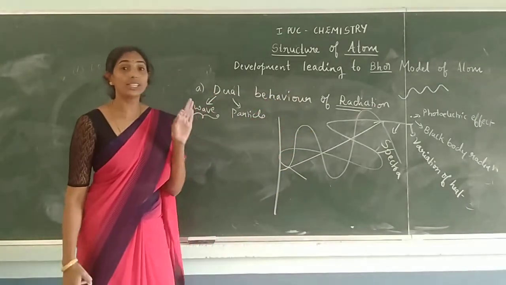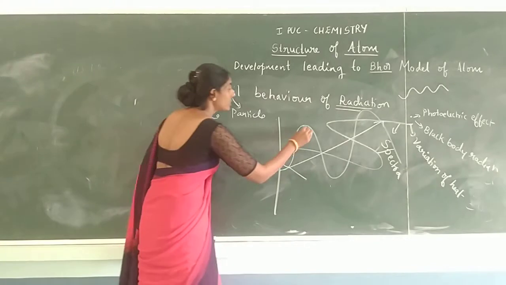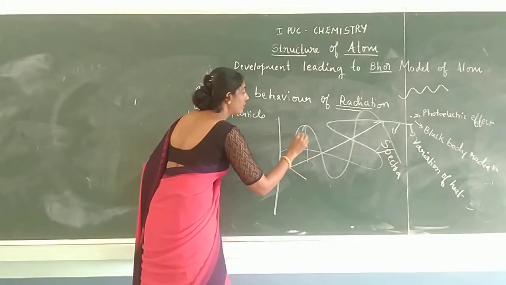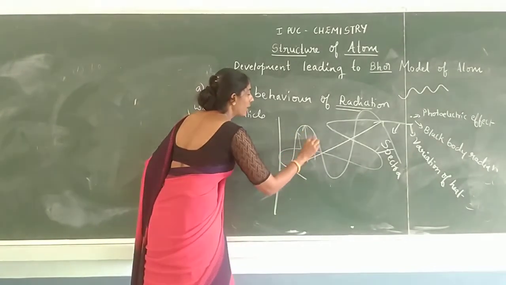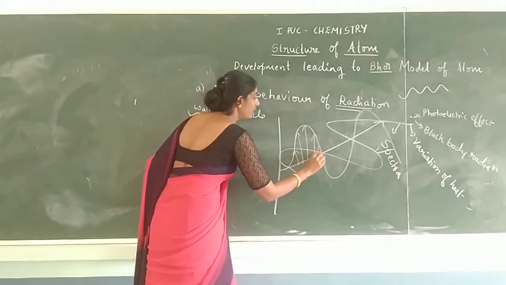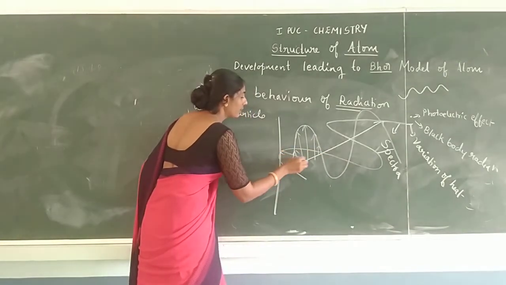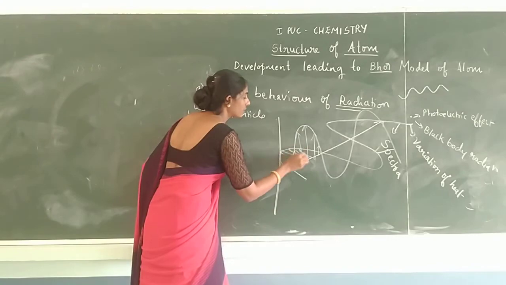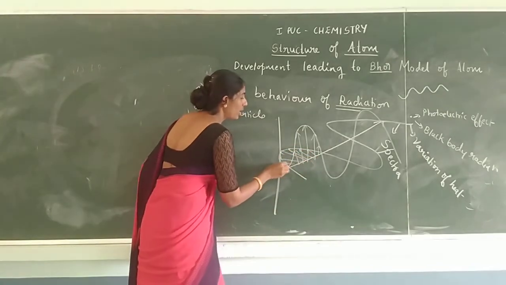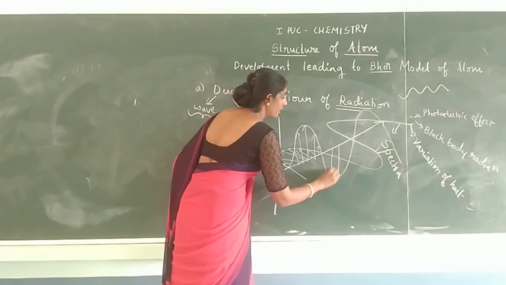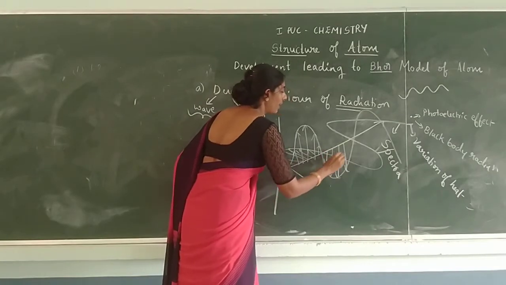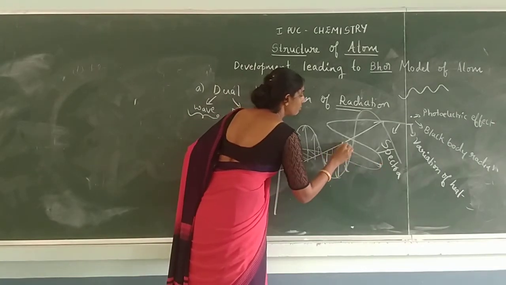The wave nature is produced because of the alternating electric field and the magnetic field. It is due to the alternating electric field and magnetic field.